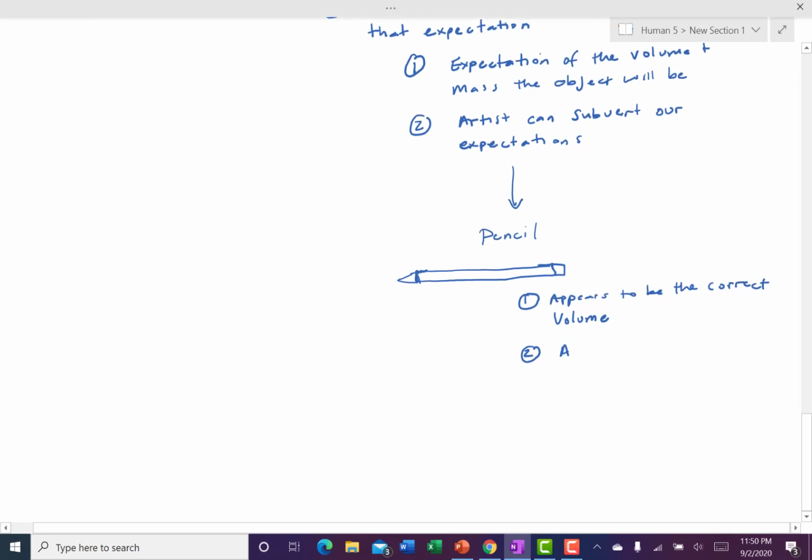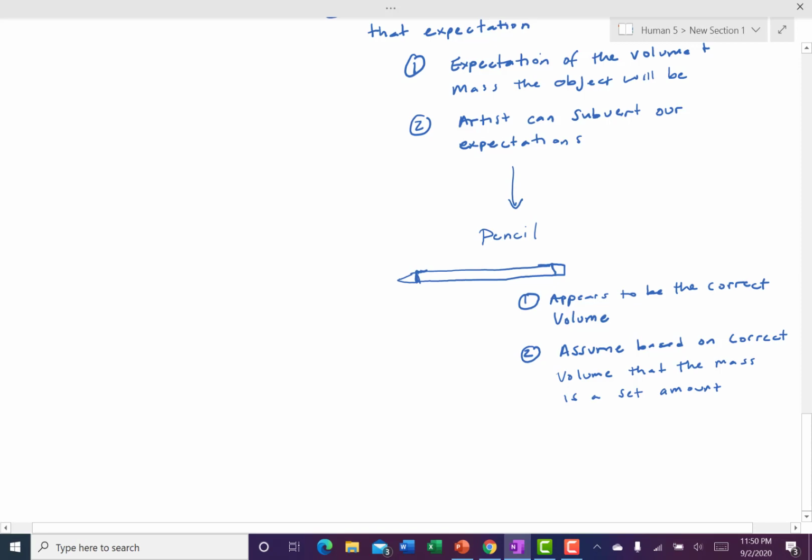Then I'm going to assume, based on what I believe to be the correct volume, that the mass is a set amount.